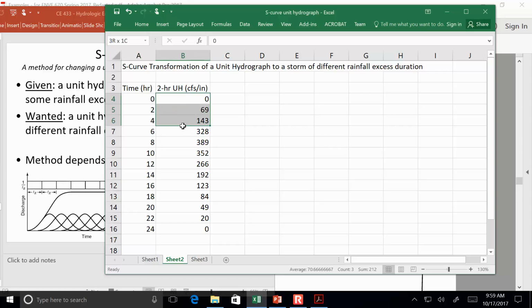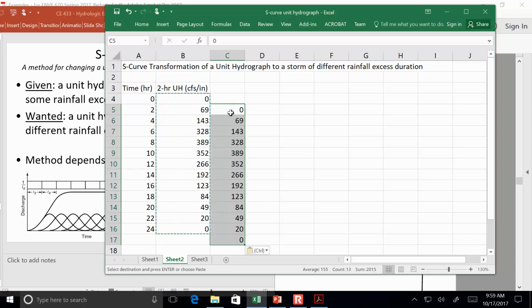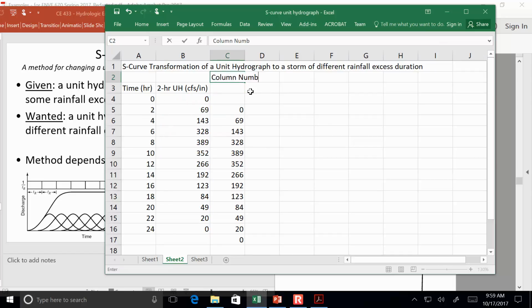What that means is we want to copy the same hydrograph, Control-C, and paste it with a 2-hour lag. You'll notice that instead of the 0 runoff starting at hour 0, this lagged one starts at hour 2. I'm just going to call this column number 1 of our additional hydrograph.